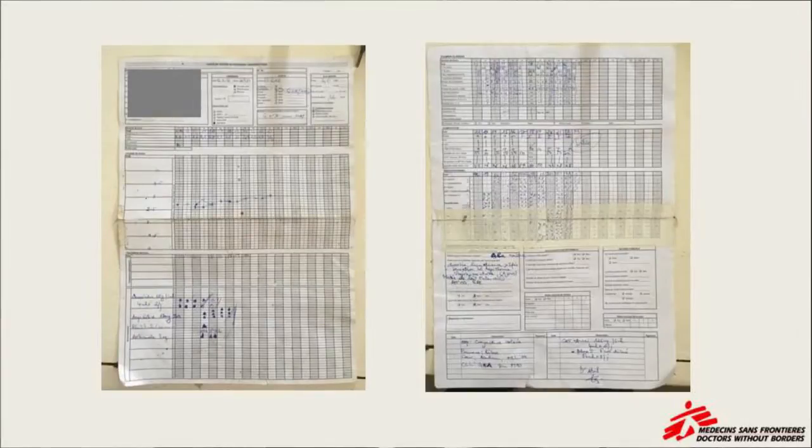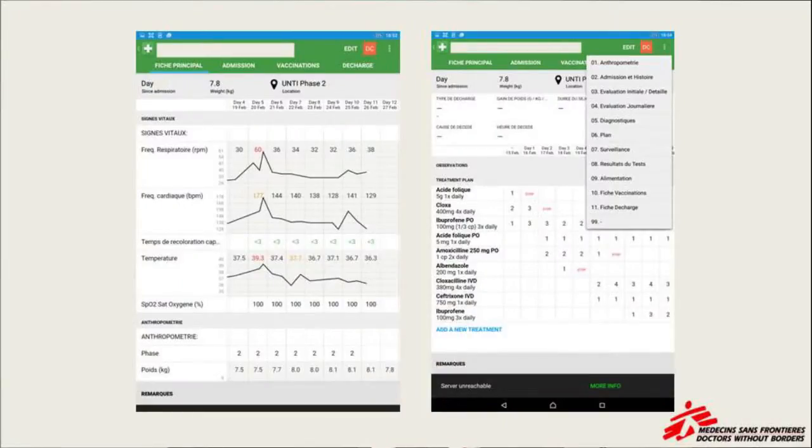This is the problem that the development team were trying to solve. In the field, your paper records often look like this, repaired. Some of the data is difficult to read. They get dirty, torn, lost. And this was their solution.